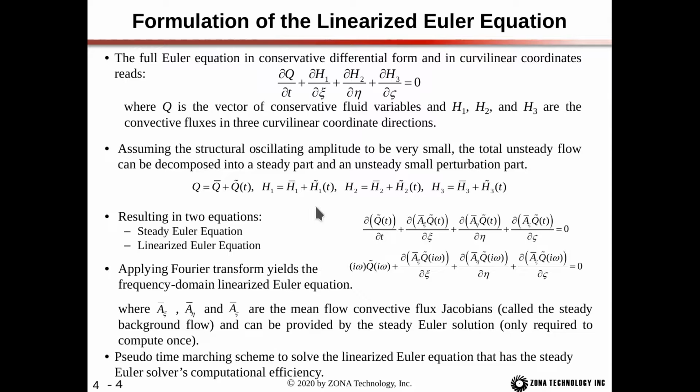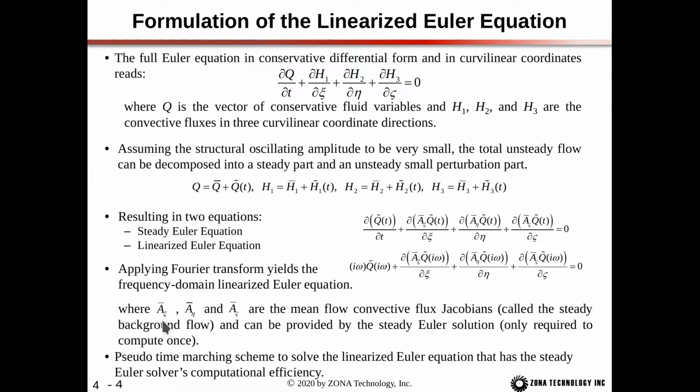Now this results in two equations, the steady Euler equation and the linearized Euler equation. And this equation here is the linearized Euler equation. Now, applying the Fourier transform yields the frequency domain linearized Euler equation shown here. So now, instead of our functions being a function of t, we're now a function of i omega.